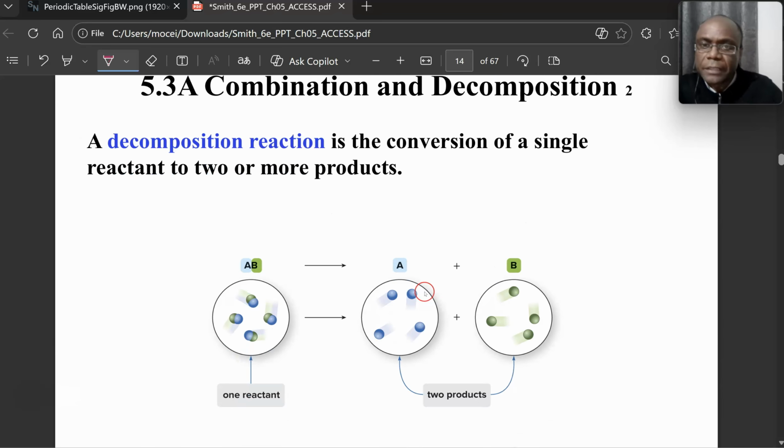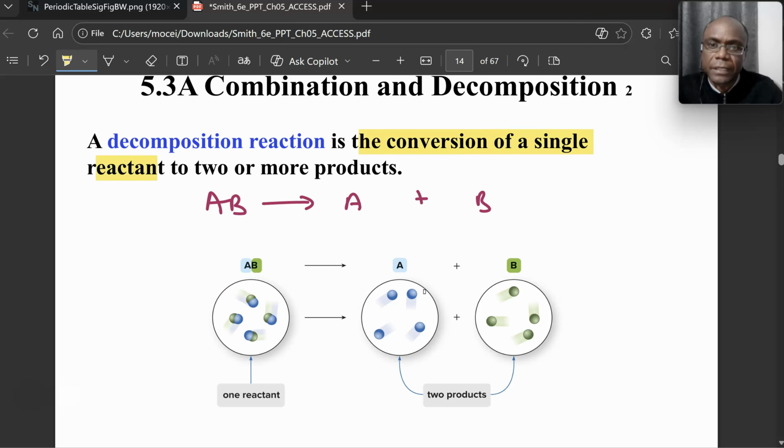So the decomposition is just what I just introduced. If you have your combined product and you break it down to the constituent elements, then you are decomposing. Decomposition is a conversion of a single reactant to two or more products. For example, if I have water and I apply an electric current by electrolysis, I break it down to hydrogen gas and oxygen gas.